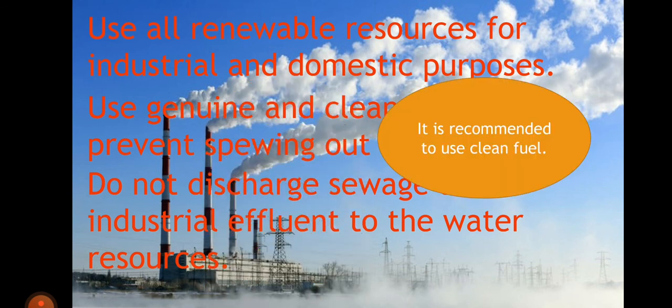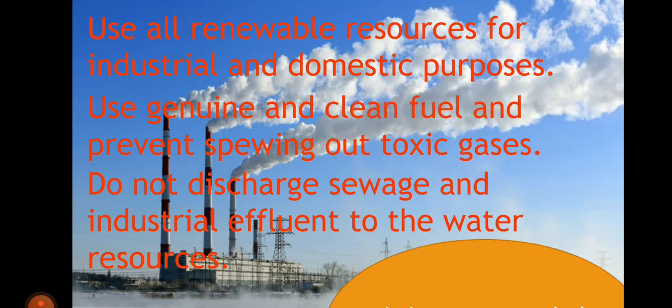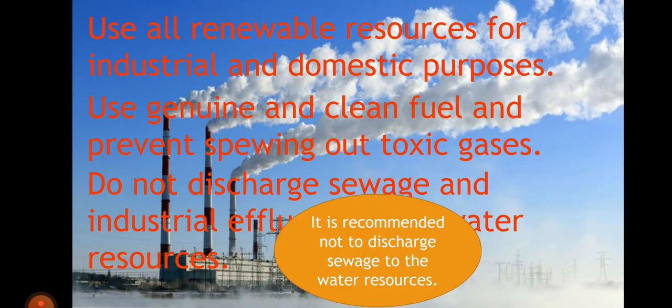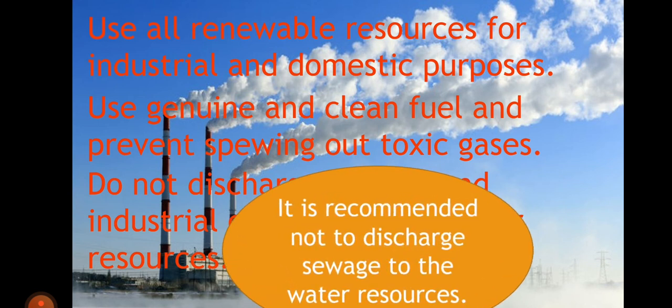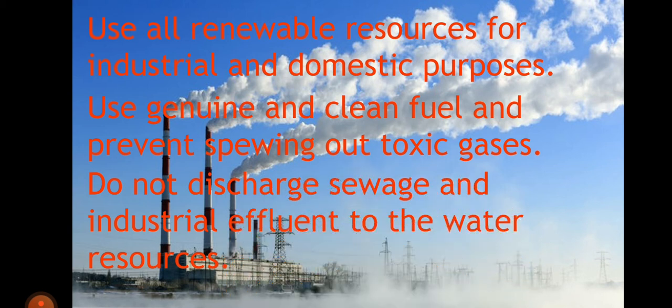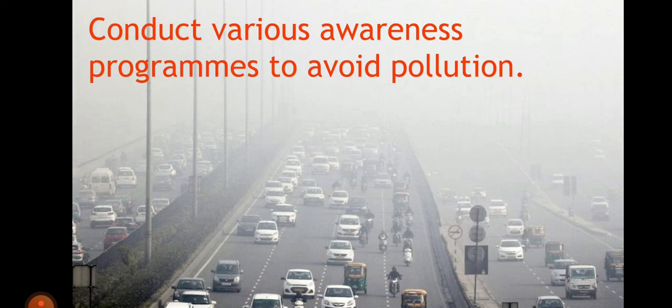For the next one: it is recommended to use clean fuel. Again you are using the first sentence pattern here. When you have do not, you have to change that to it is recommended plus not plus to plus verb. So it is recommended not to discharge sewage to the water resources. This is how you have to write, my dear students.